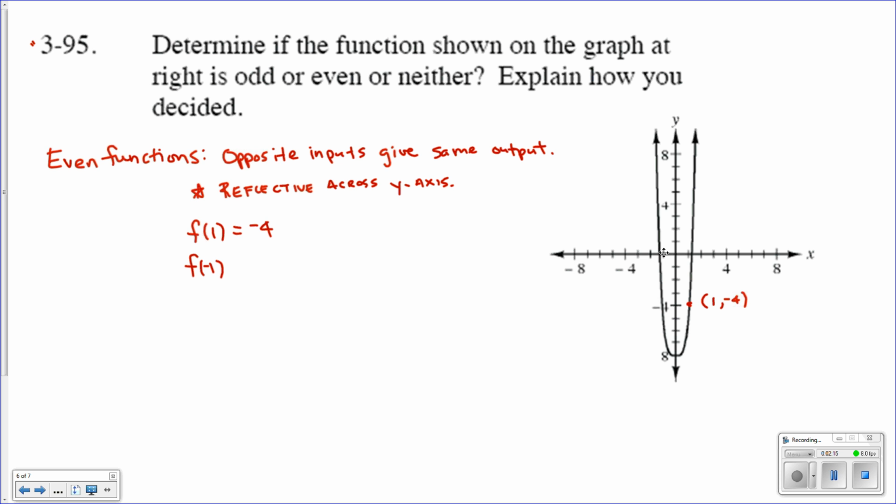So if I go to -1 and I go down here and I look to see where my point is, you see that it is also at -4. So my opposite input is giving me the same output. So f of -1 also equals -4. Therefore, this is an even function here.